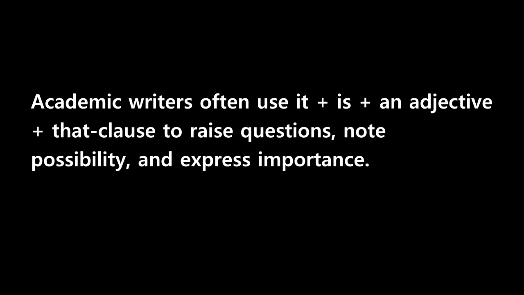Academic writers often use it plus is plus an adjective plus a that clause to raise questions, note possibility, and express importance. For example, you might read the following sentence: It is unlikely that the results will be conclusive.